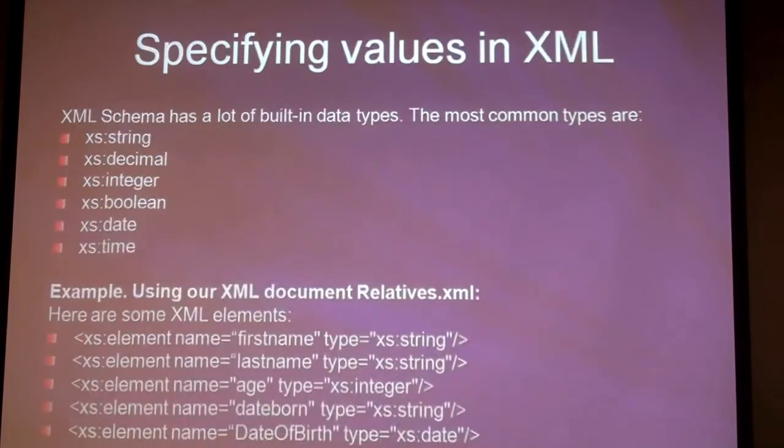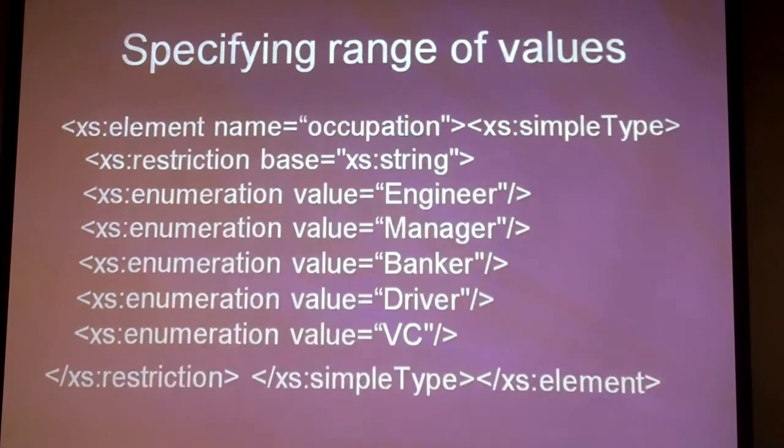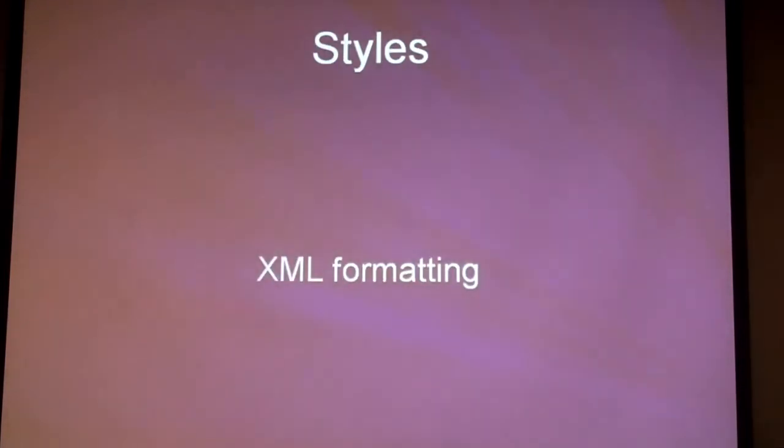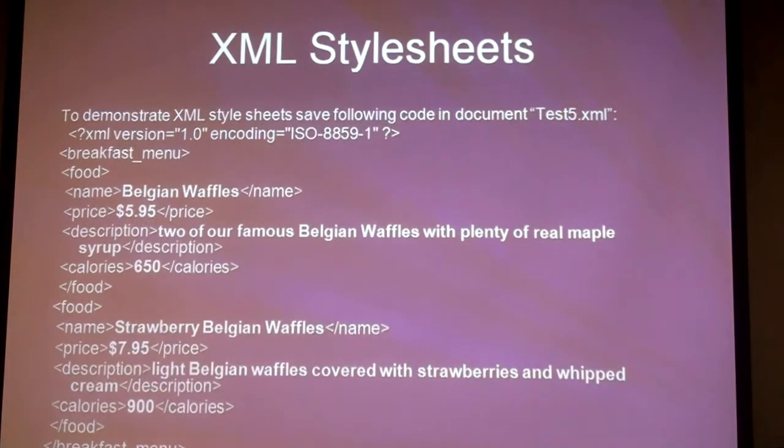The next thing we are going to do is look at styles. Remember, we used cascading style sheets for HTML. We can use the same cascading style sheets for formatting an XML document, and that's what we are going to do today. What you need to do is create this XML document.